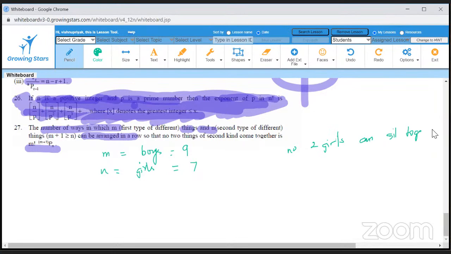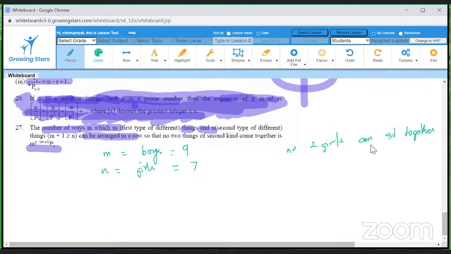Girls should not be side by side. No two girls. No two girls means what? No 3 girls, no 4 girls, no 5 girls, no 6 girls, no 7 girls should sit together. So then how many ways will be there?